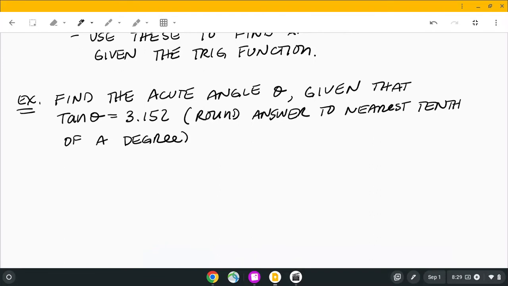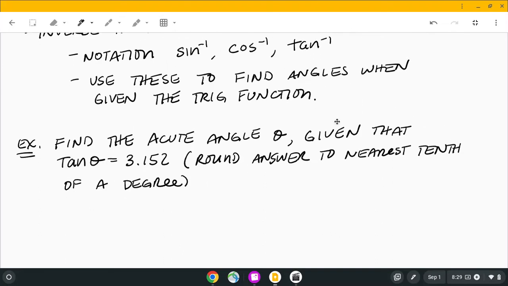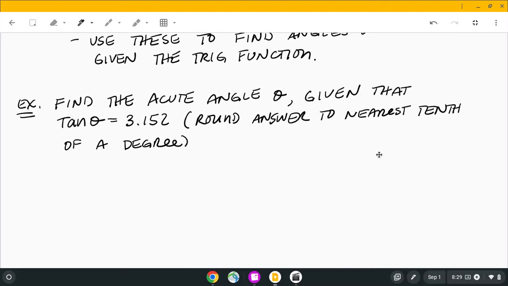Okay, so we know tangent theta, right? We know tangent theta, so that means we're going to use tangent inverse. Okay, so look on your calculator and look for the tangent inverse button. It should look like this. Okay, so look for that button, and this is the way you would punch it in.